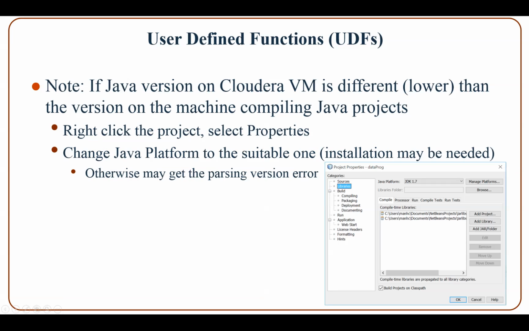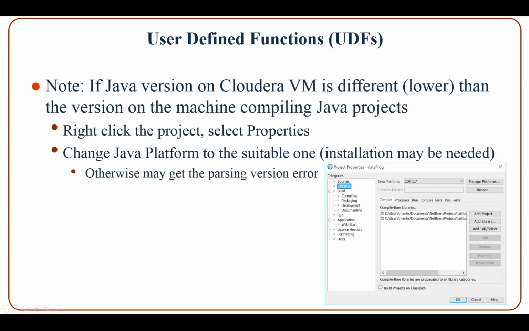And here there is a note: if the Java version on the Cloudera virtual machine is different, normally it's lower than the version on the machine that compiles the Java project, then in NetBeans, right click on the project and then select properties, and it will show you a dialog like this.